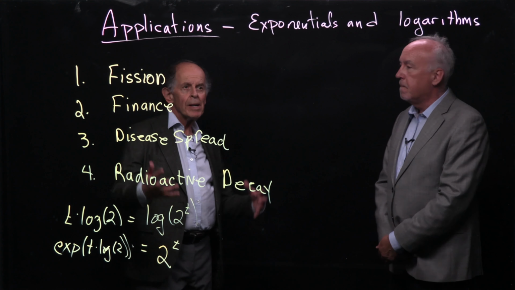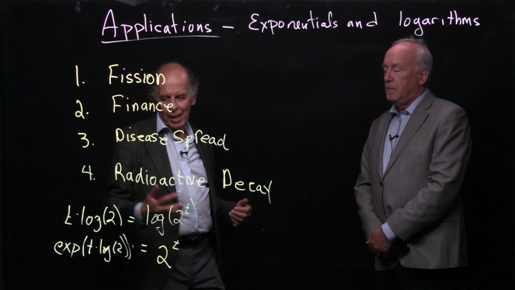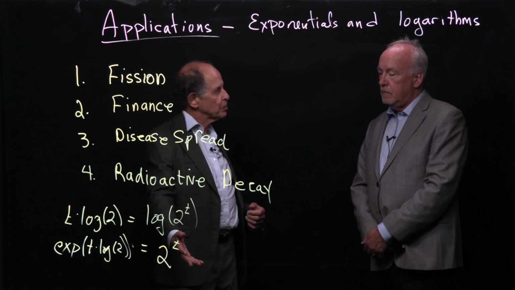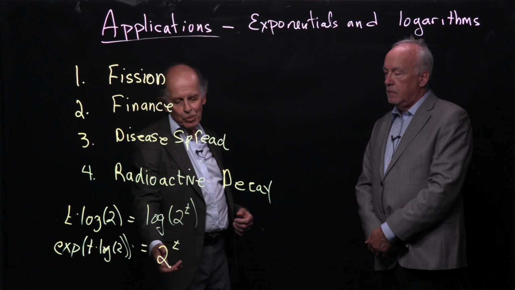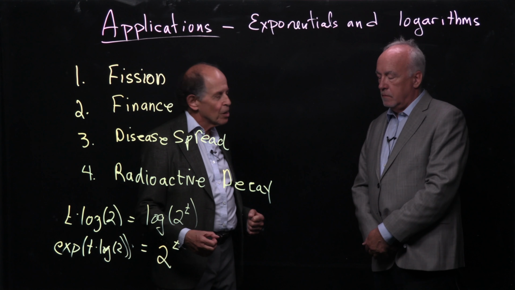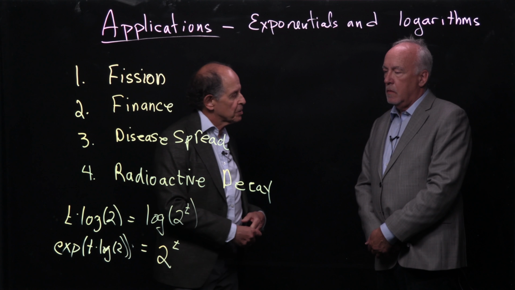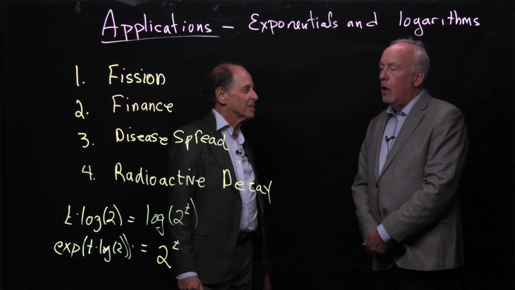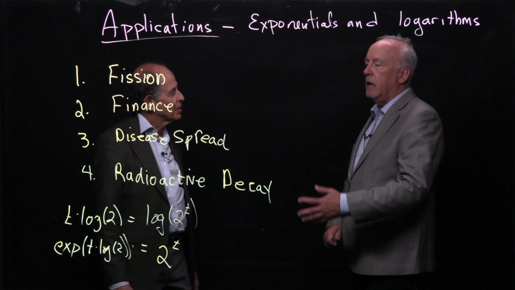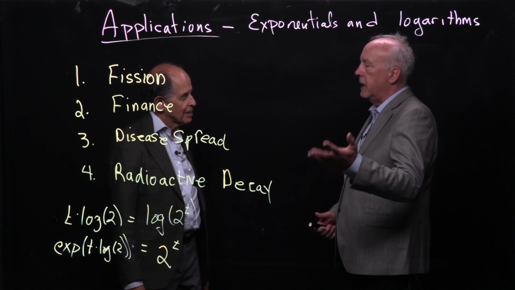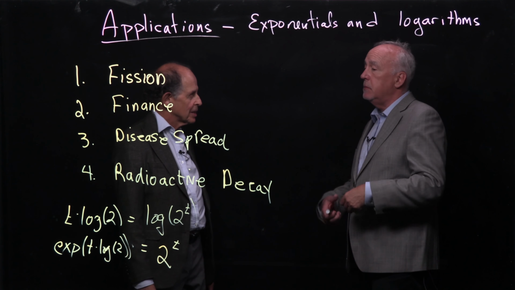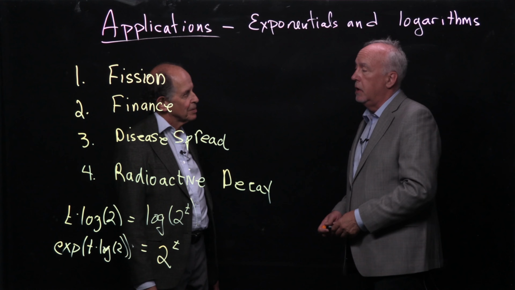Okay. Well, Michael, we have these wonderful applications. We have this relationship with t and 2 to the power t. So let's think about an application of radioactive decay in the medical field. This is something that comes up quite often if you've ever had a medical scan like MRIs or CAT scans. Sometimes they put a radioactive dye in you.